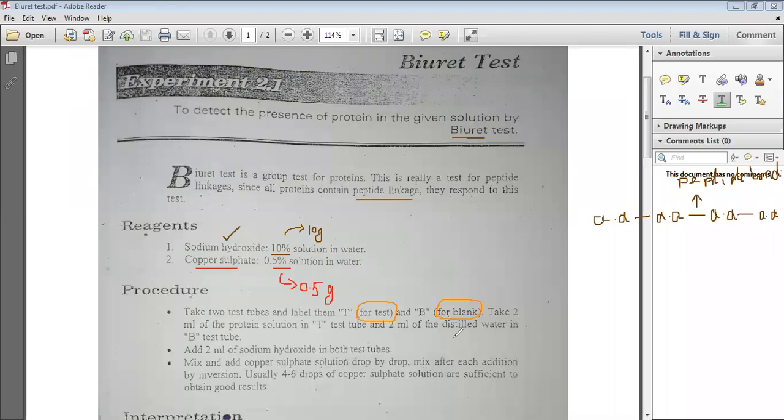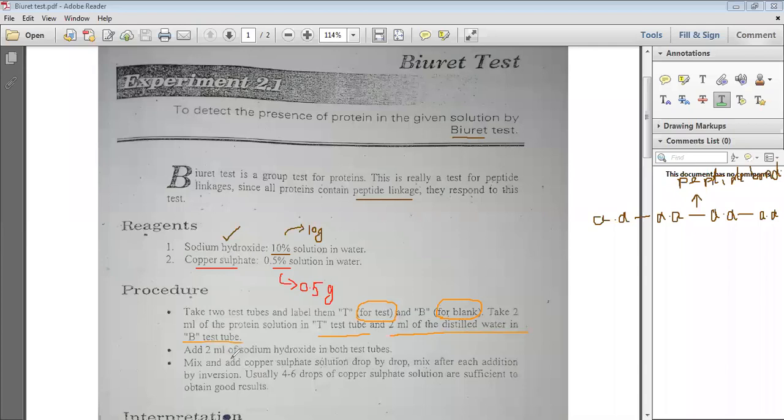Rather, you will add distilled water in the blank test tube. Now, you will take 2 ml of protein solution in the T test tube, and then you will add 2 ml of distilled water in the B test tube. B test tube means the test tube which is labeled as blank.